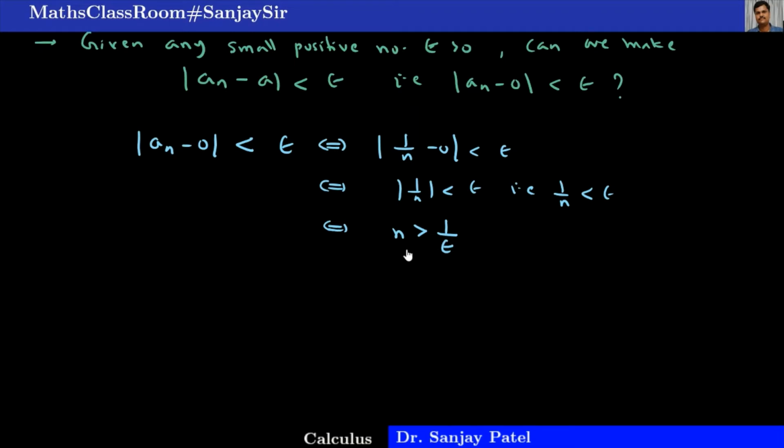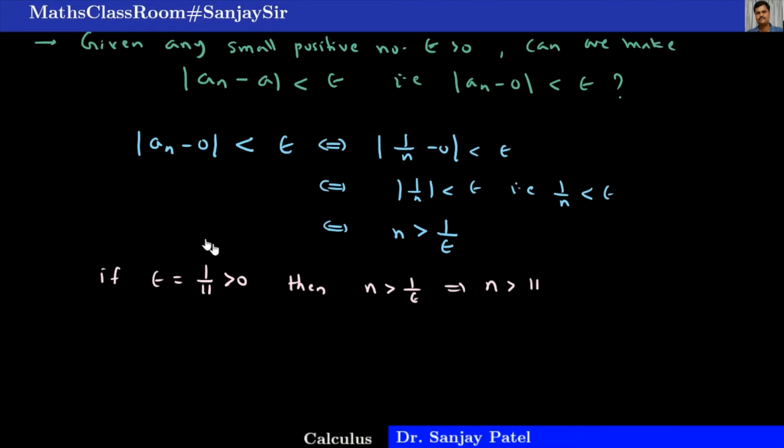So if I take epsilon equal to, say, 1 upon 11, which is also a small number greater than 0, then n greater than 1 upon epsilon means n is greater than 11.